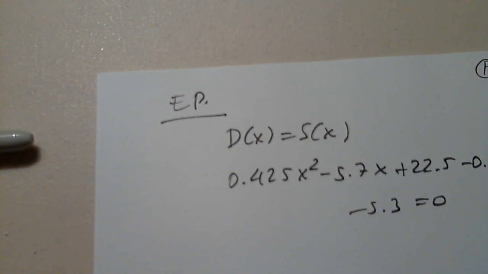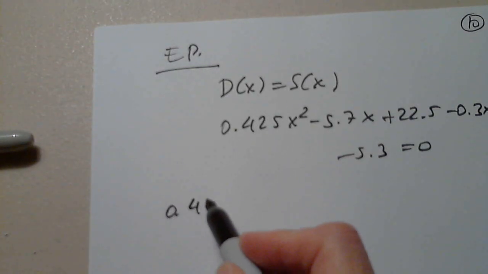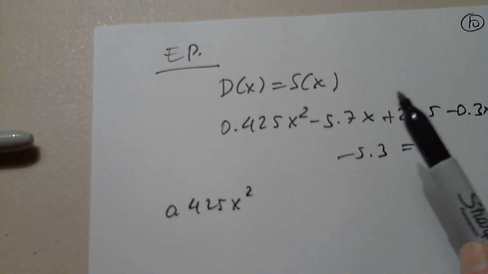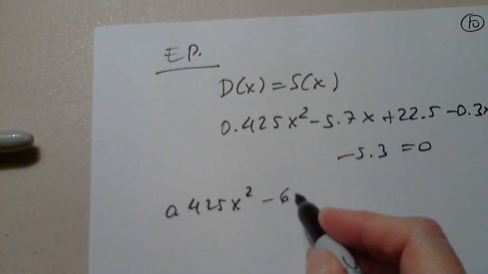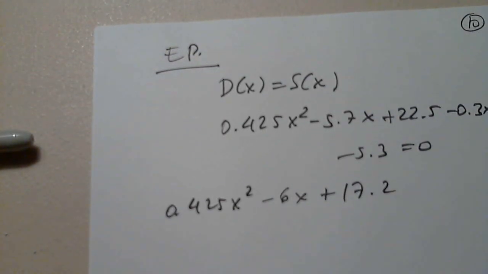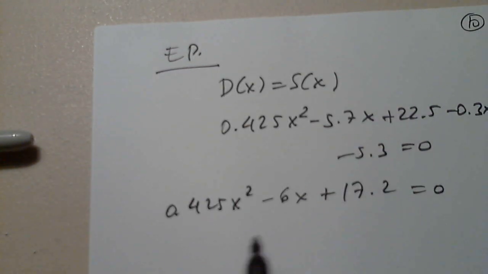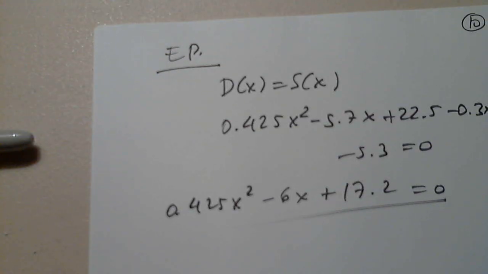So I have to solve this equation first. So 0.425x squared, this with this is minus 6x, and this with this is positive 17.2. Am I correct? Yes.